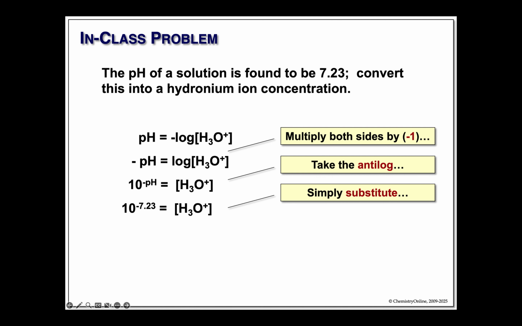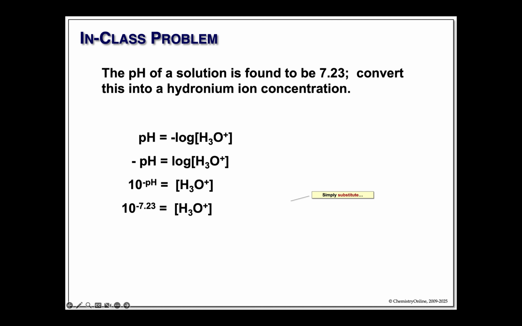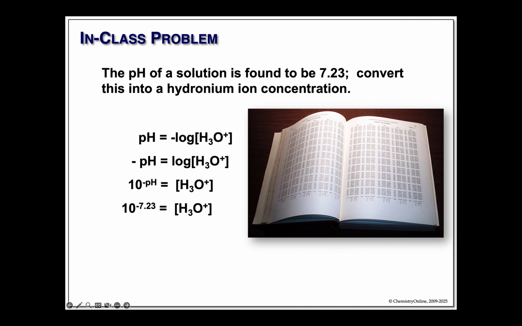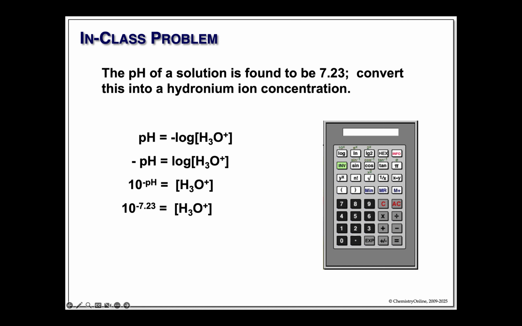Now again, there was a day when you would then open the back of your book. It would be roughly half an inch thick. And you would flip through there looking for 7.23, determine its log, and you would get hydronium. Now, you just pull out your handy calculator. What I would do, 10 to the x here is that, so I hit the green and that.